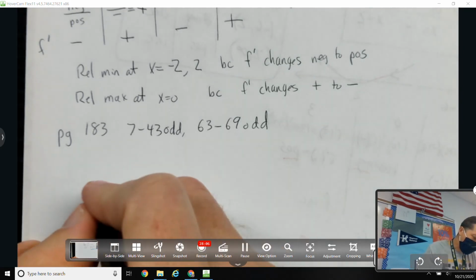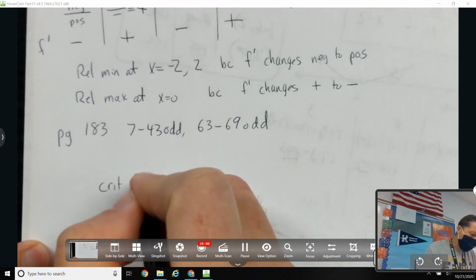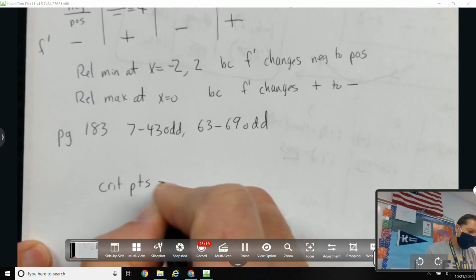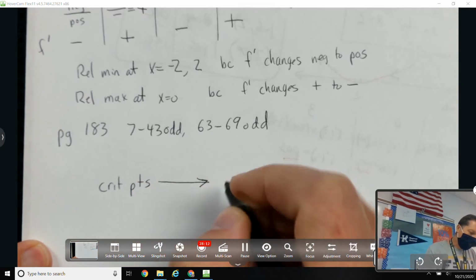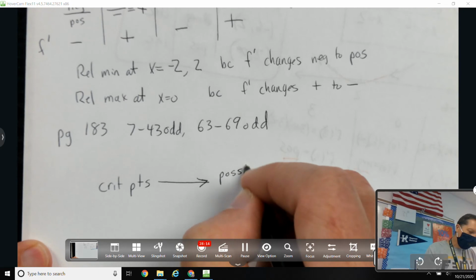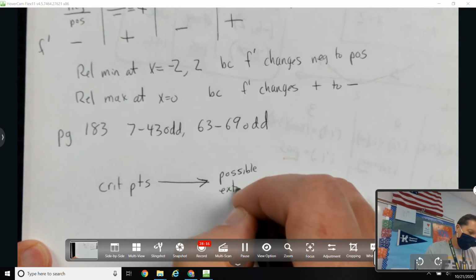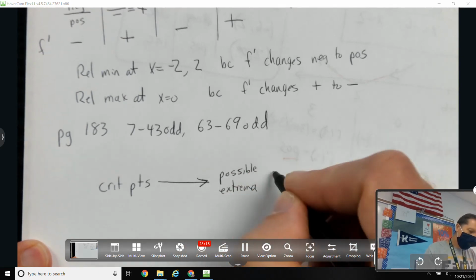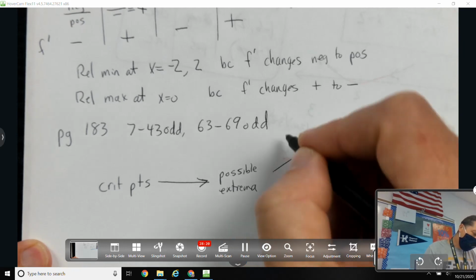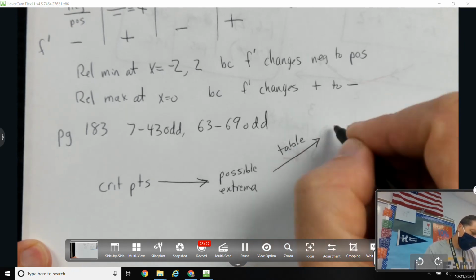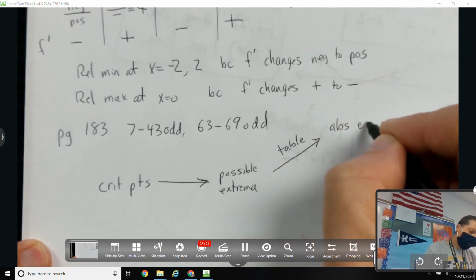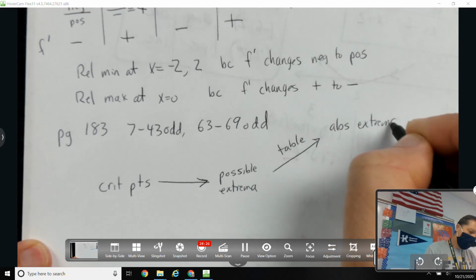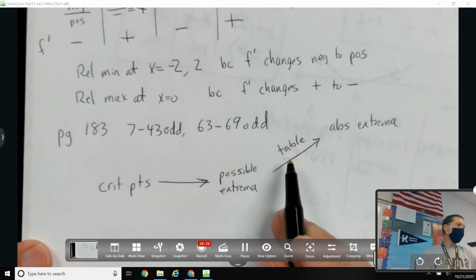I'm going to write this one more time. I don't know that you need to write this, but this little flow chart. Critical points give us our possible extrema. Then we can do a table of values to figure out who's the absolute max and min. That's 3.1. That's what's on the quiz.